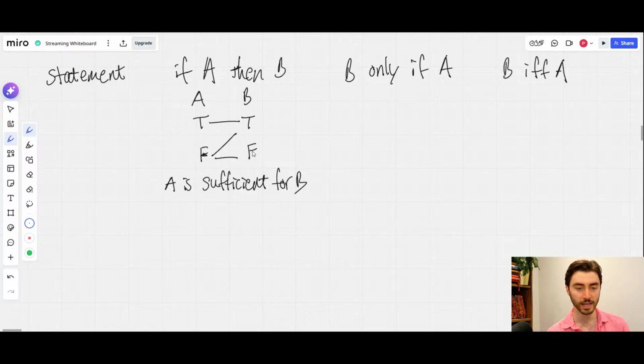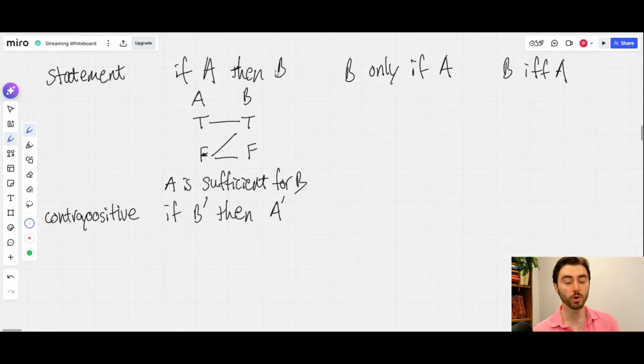We can also see, because anything that's special in this is something where it only has one line coming to it. There was only one coming from A true, but there is also only one line coming from B is false. So we can say if B is false, then A is false. And that statement is called the contrapositive. It is the other thing that has to be true.